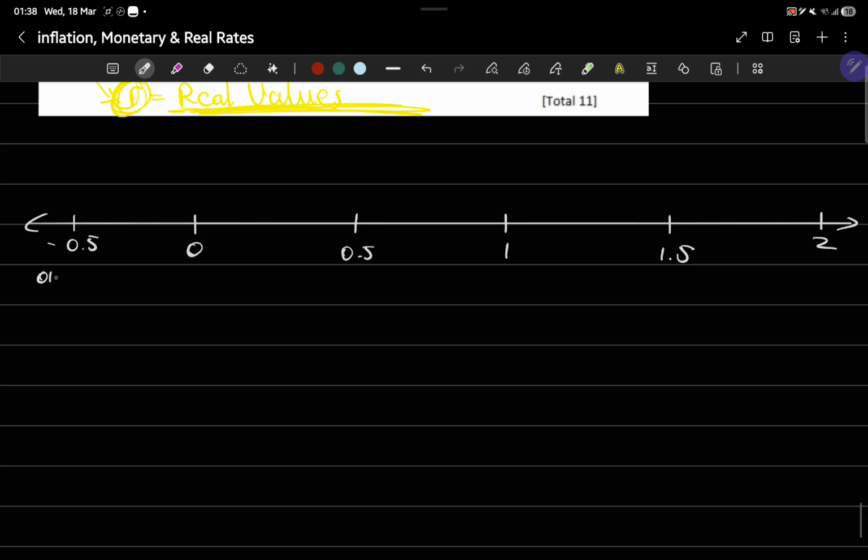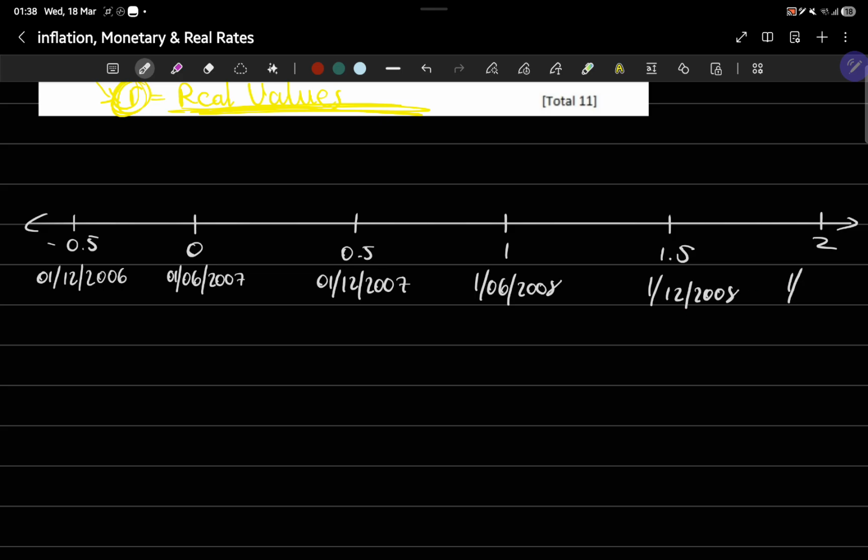So I'll take it as 1/12/2006. This will be 1 June 2007, 1 December 2007, 1 June 2008, 1 December 2008, and 1 June 2009, which is the end of the term.